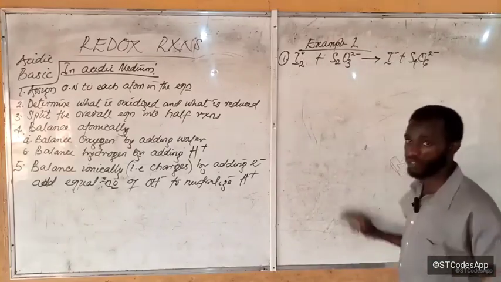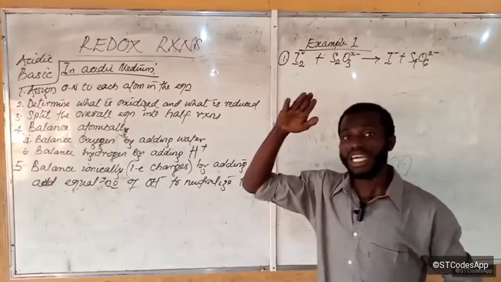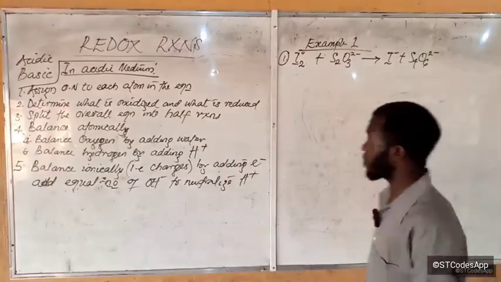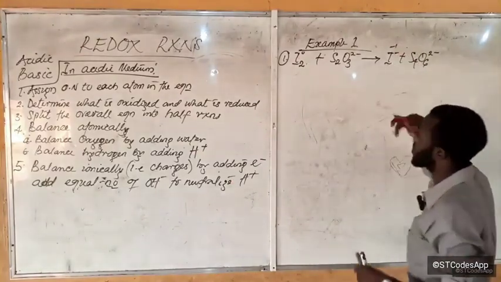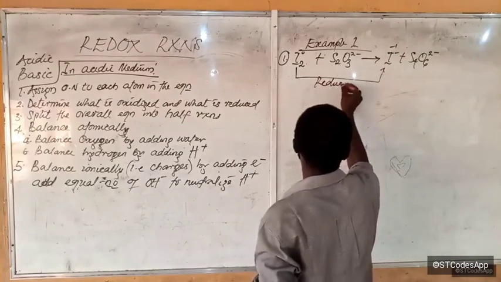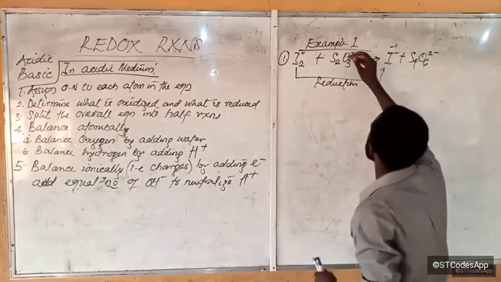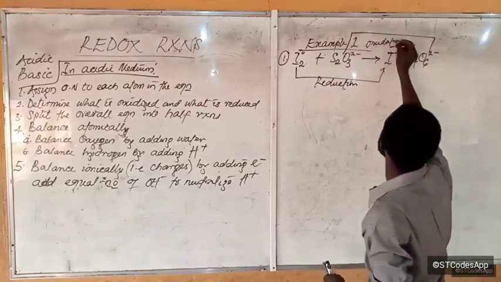So from 0 to -1, is that a reduction or an increase in oxidation number? That is a reduction, because 0 is greater than -1. It means that reduction has happened here. So if reduction happened here, it definitely means that on the other side, oxidation happened.